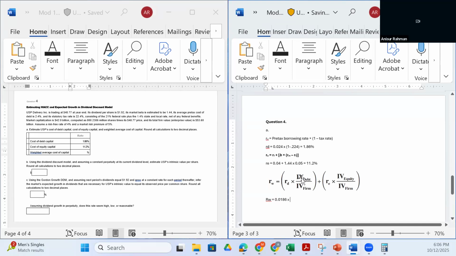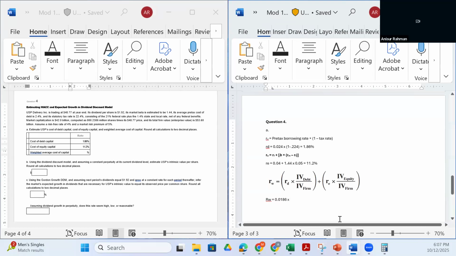Sometimes we don't have information on market value of debt, then we use book value of debt. So in this case, we don't know about market or book value of debt, but what we know is market cap, which is market value of equity. So if we subtract the market cap, which is market value of equity, from the total firm value, we will get market value of debt.